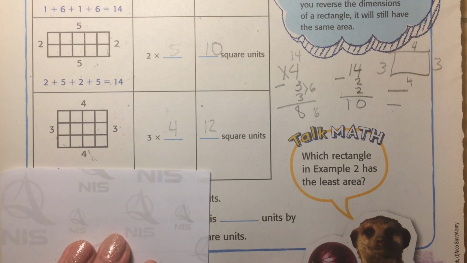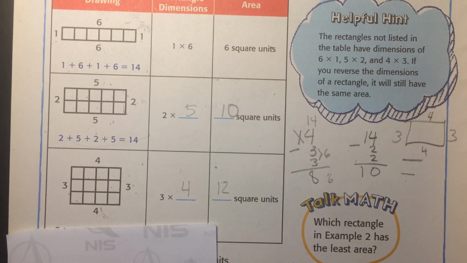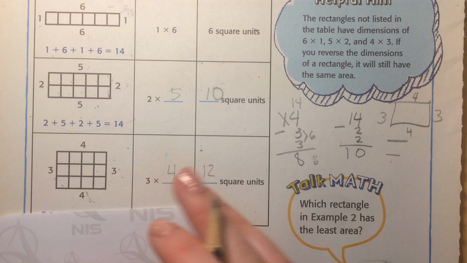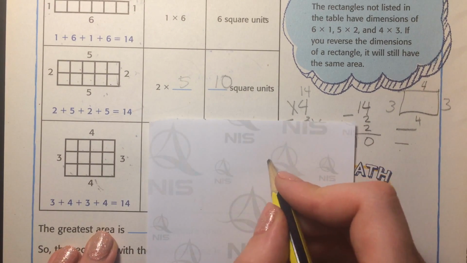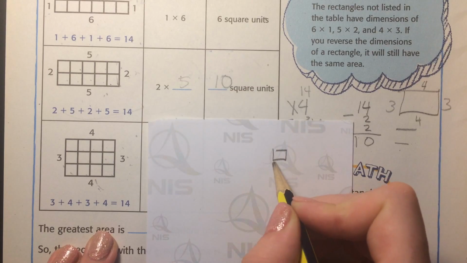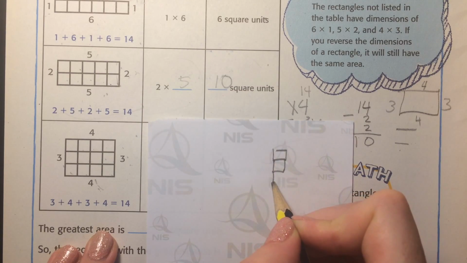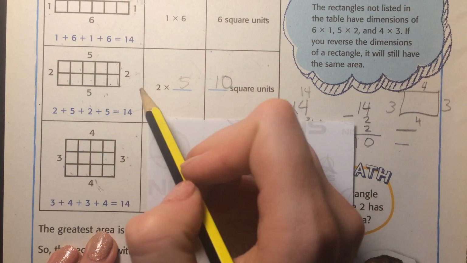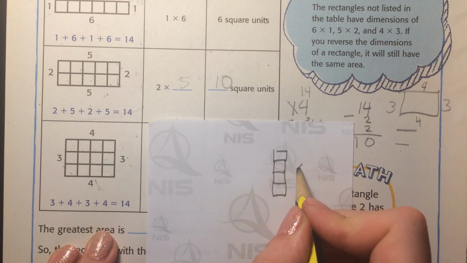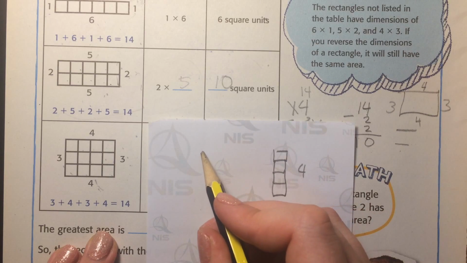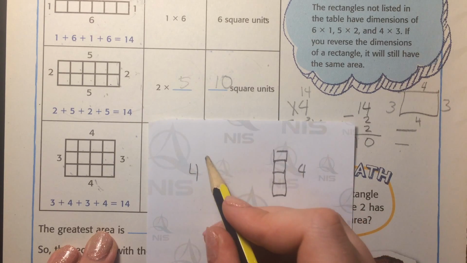So what would happen, though? How do we know if we're done? They've only given us these. Well, what if we want to go more? What if this was 4? Because we've been doing 1, 2, 3. Then the other side would have to be 4, right?